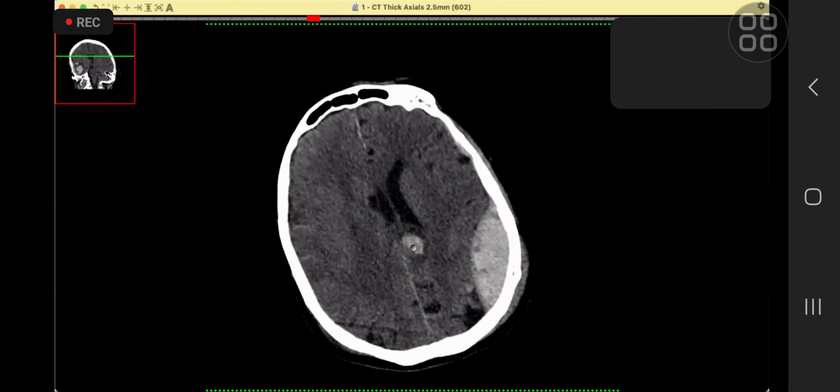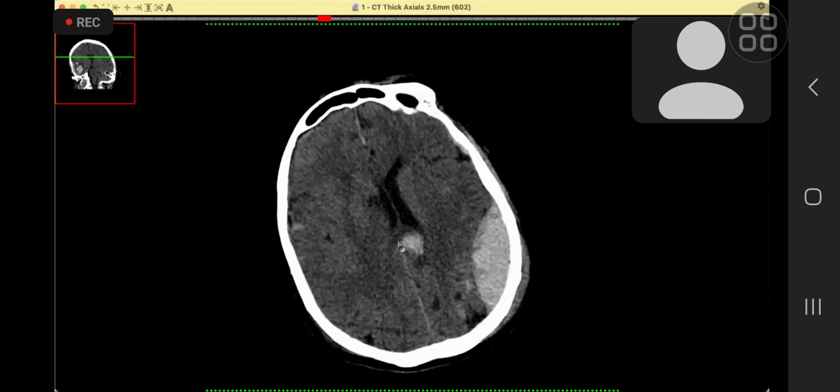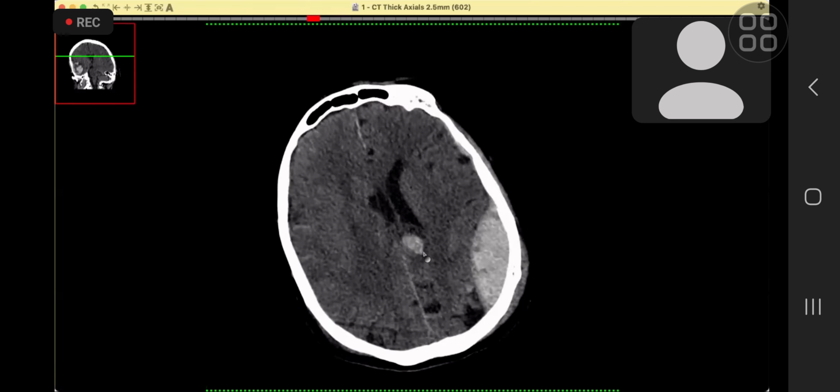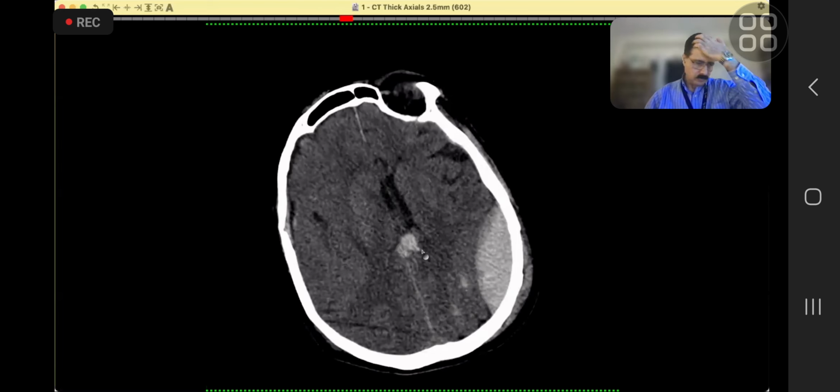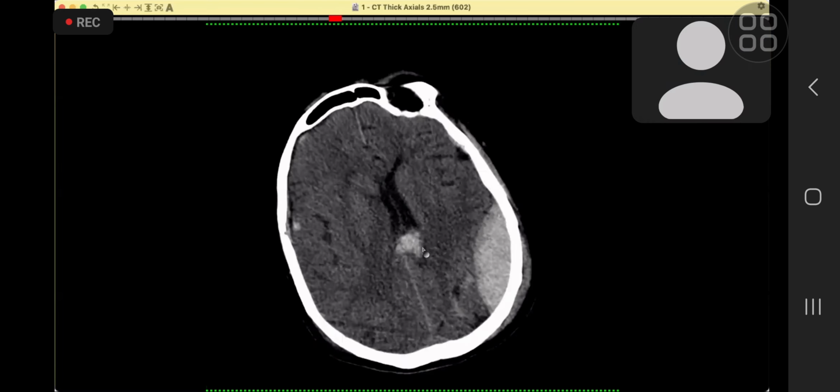What is this? Do you see my mouse? Yes. I described it as a parathalamic area of hemorrhage. Where is this hemorrhage? It's just posterior to the lateral ventricle.